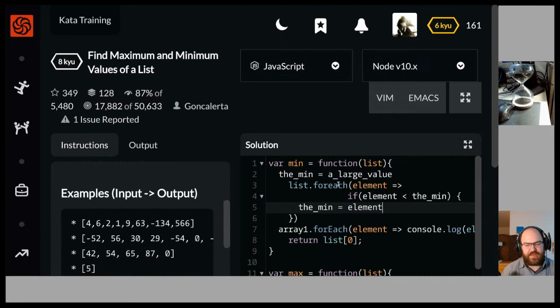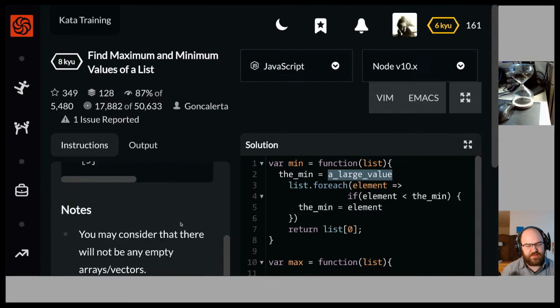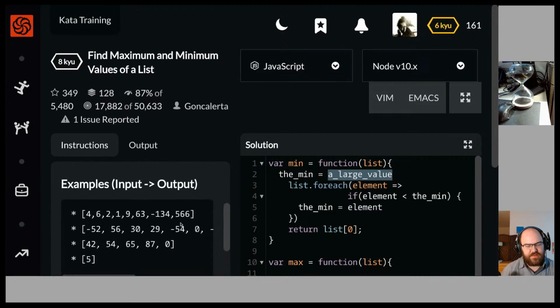if we start with, say, 1,000 as a large value, let me delete this. If we start with 1,000 as a large value, then we come with the element 4. And if 4 is less than 1,000, then the minimum now equals 4. So you see how it's important to choose a reasonable value here. And it looks like these are all integers.